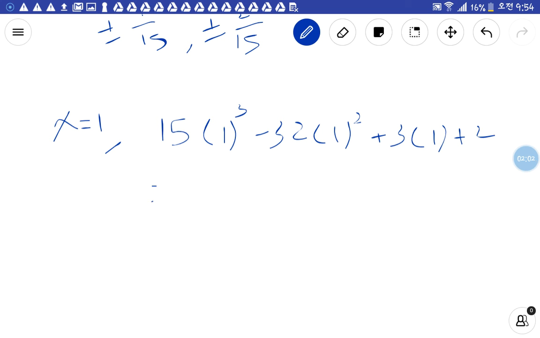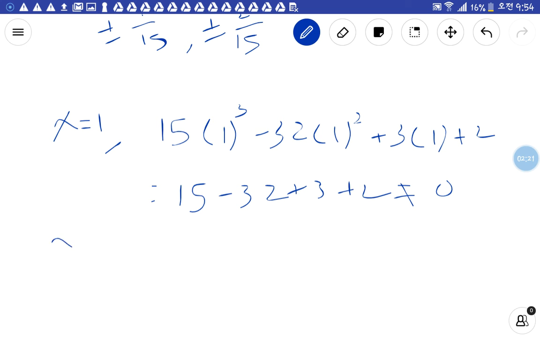The key is to check whether that gives you 0 or not. If it's not 0, then that's not your root. So 15 minus 32 plus 3 plus 2. Even if you don't calculate fully, you know that's not going to be 0. So 1 does not work this time.